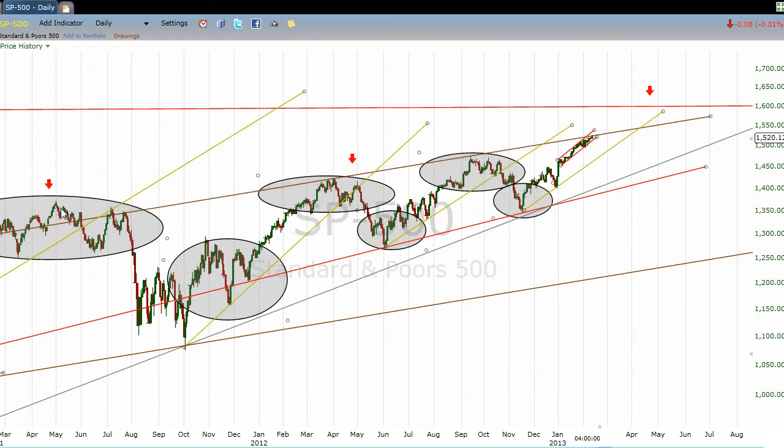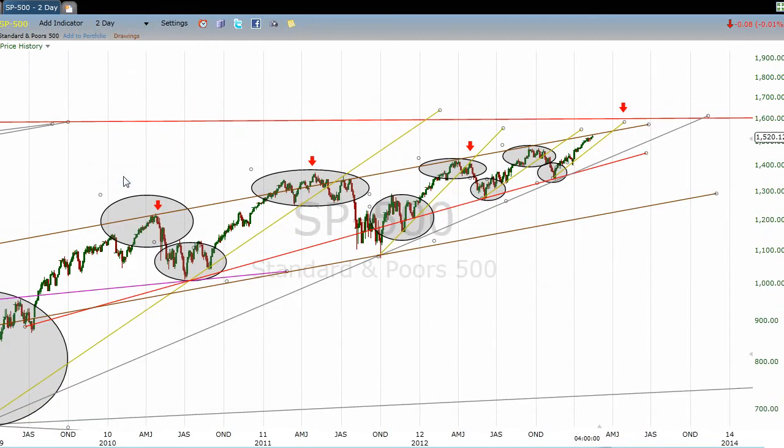Now you can see that the scale of these moves has been decreasing all throughout the past 3.5 years, as evidenced here, especially in the past year.